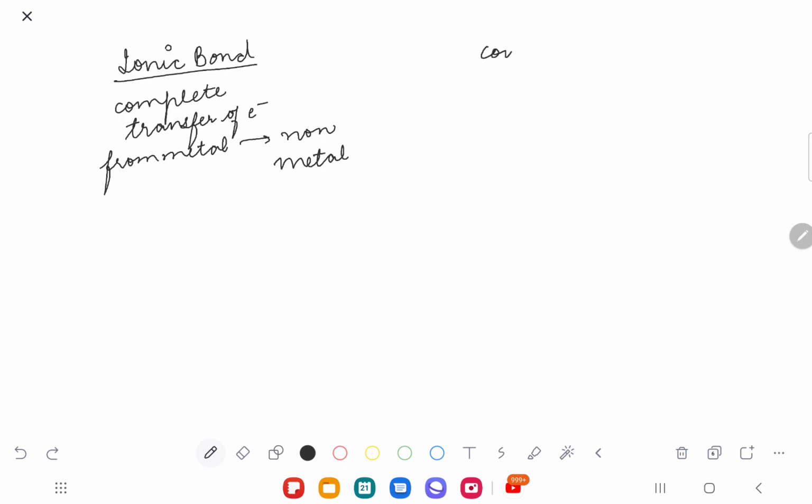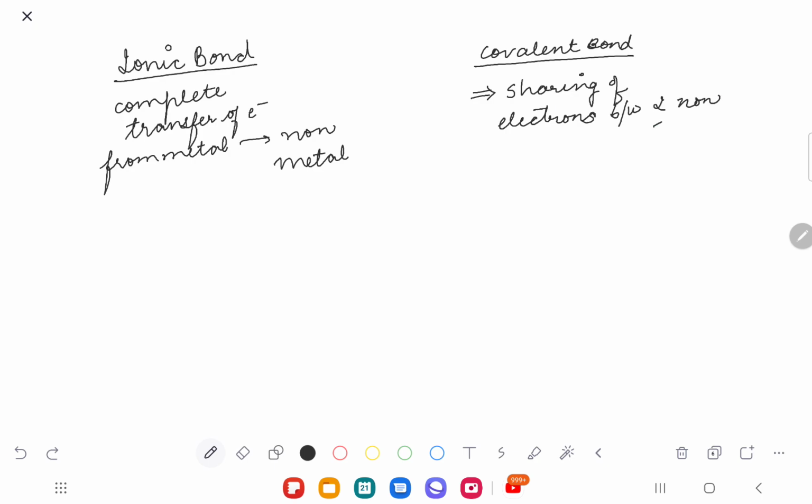And when we talk of a covalent bond, I hope you're understanding, it is a sharing of electrons between two non-metals, right? Now understand.